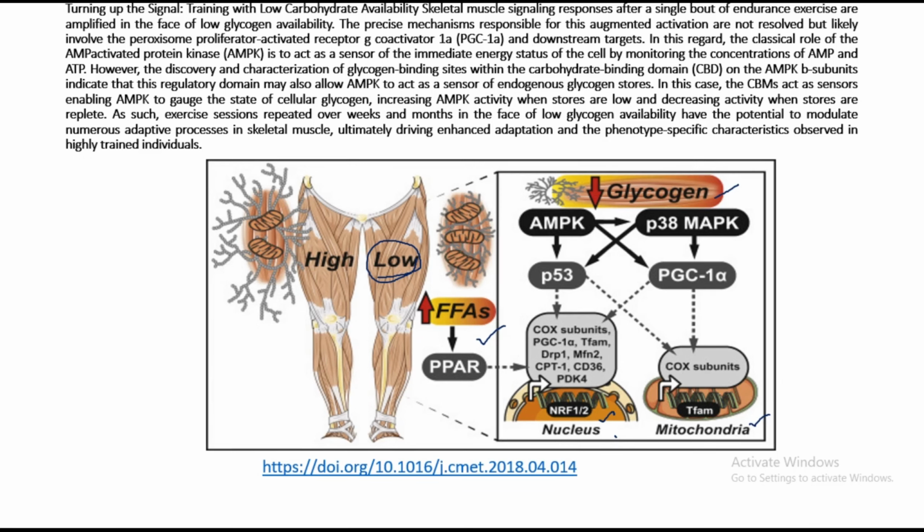So the ultimate take home message of this slide is that a low carbohydrate diet would facilitate MAPK and phosphorylation of p53 and p38 MAPK, and certain chemical biosignaling responses, activation of certain biochemical signaling responses inside the muscle, particularly by activating certain genes in order to improve the delay time for fatigue and increase performance by enhancing mitochondrial proliferation inside the cell, so that it depends on free fatty acid utilization.